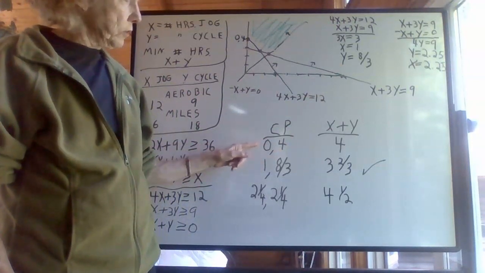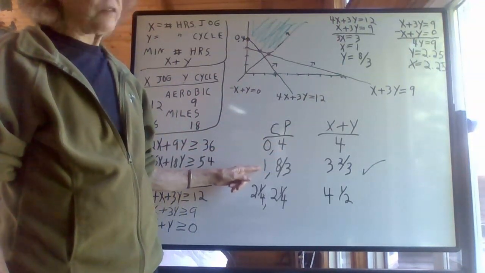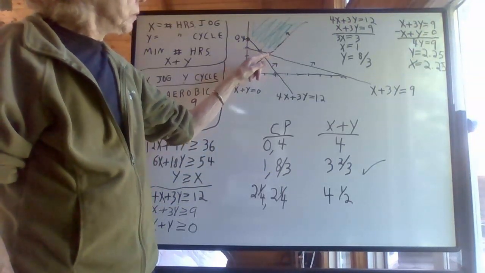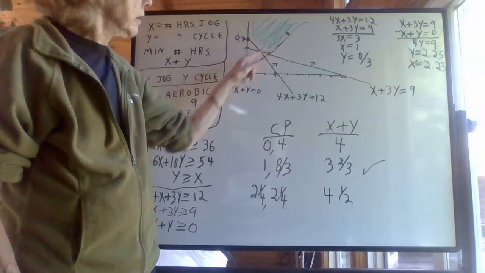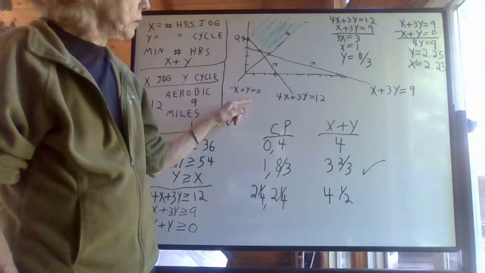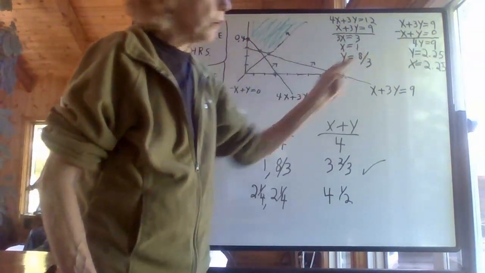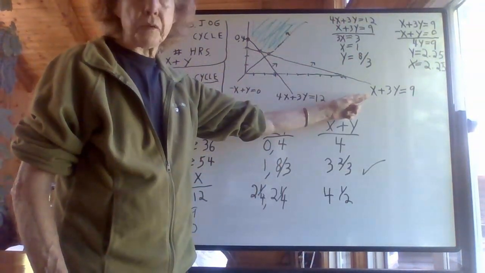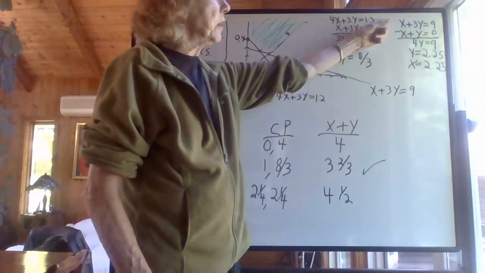So 0, 4 so far, and 1, 8/3. Now, for this corner point, it would be this line here, minus x plus y equals 0, which I have over here. And the other line is x plus 3y equals 9, which I have here.